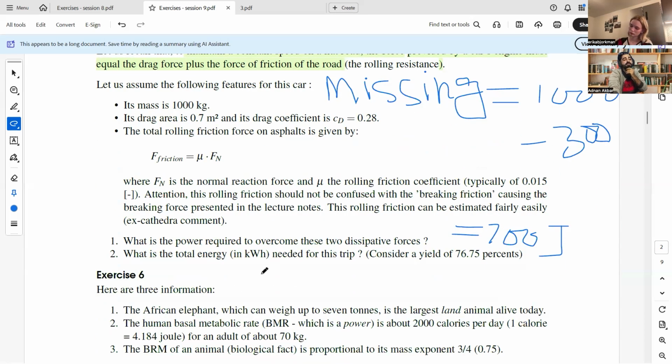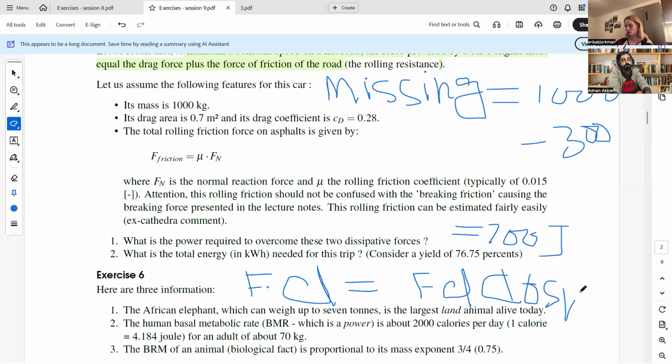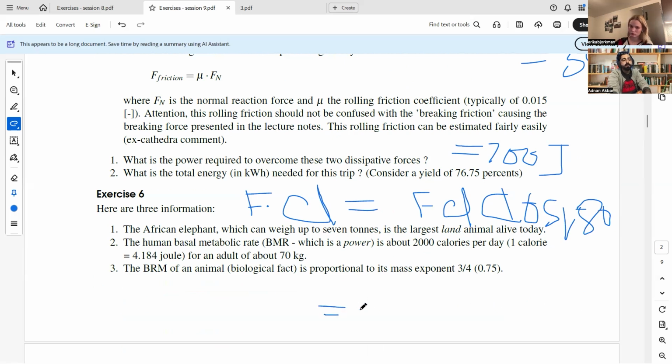You can also calculate it in another way from the work done, F d. As the force of friction is in the direction opposite to the covered distance, the angle that you will use is cos of 180, which results in minus F d.